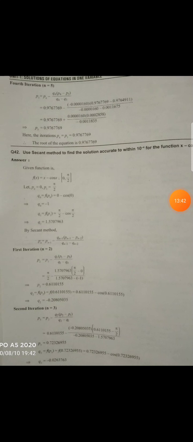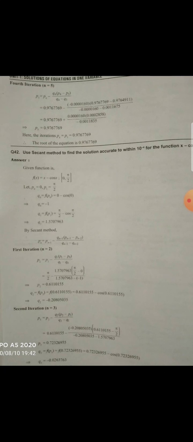The given function is f of x equals x minus cos x, closed interval 0 comma 5 by 2. Let p0 equals 0, p1 equals 5 by 2. Now we will find q0 and q1.